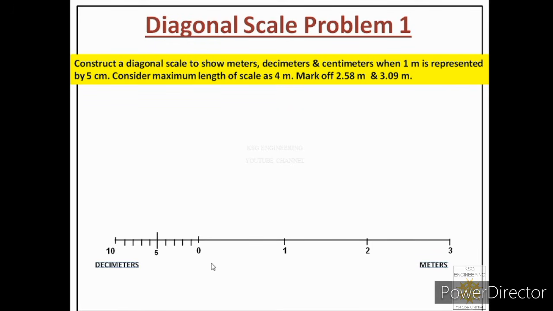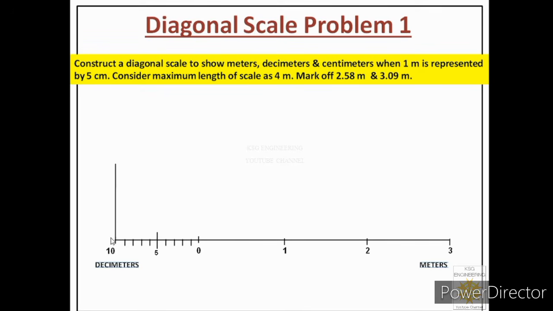Now for this we have to apply the diagonal principle. So how will we apply it? From this end we will draw a vertical line. I know on this line I have to show the third unit, which is the centimeter scale.